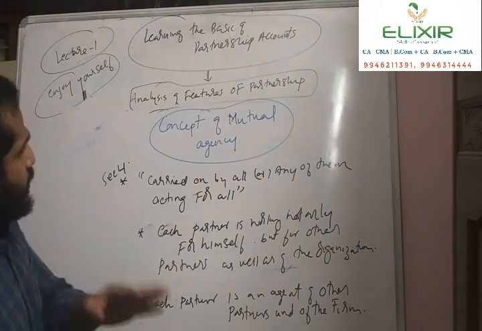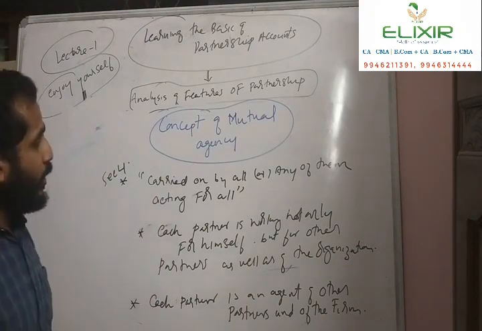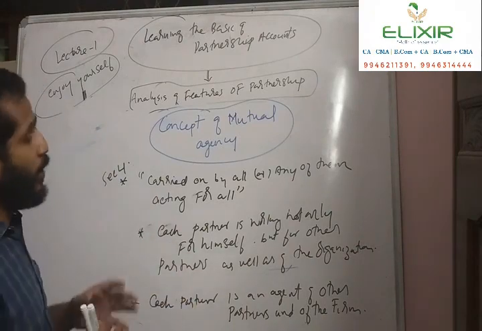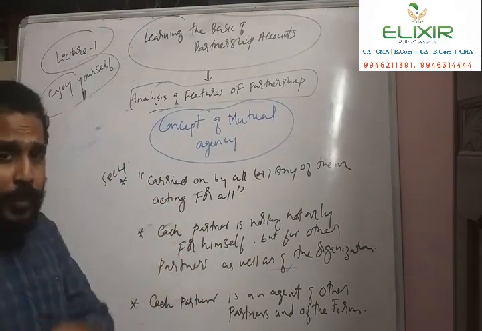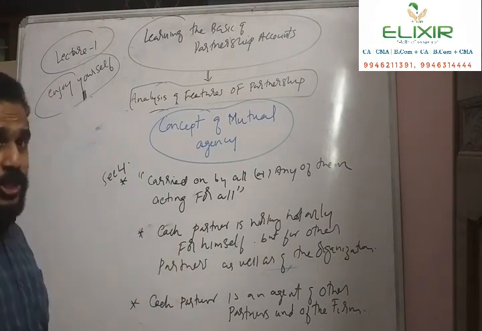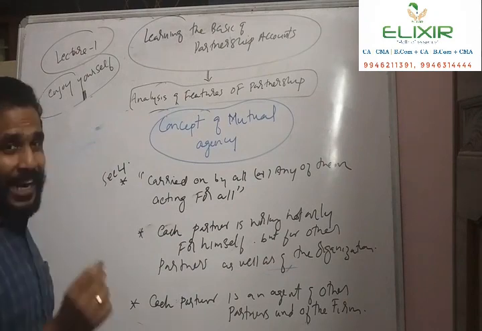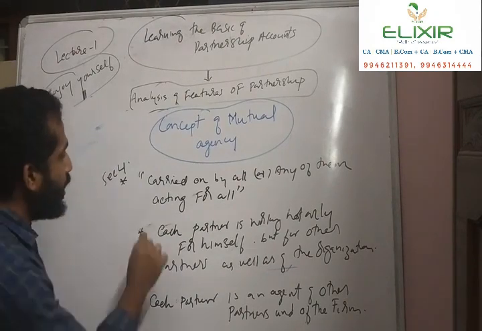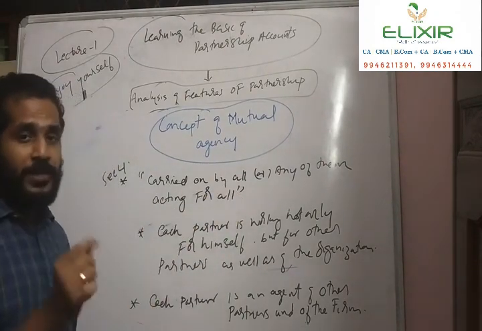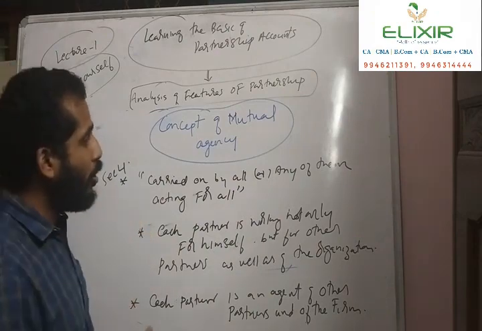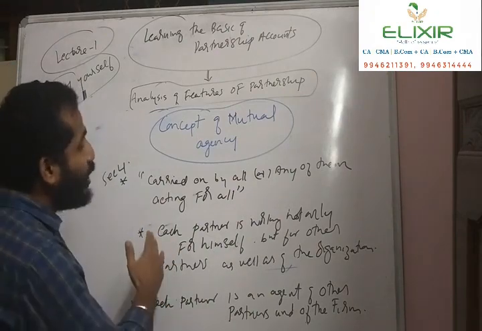Now, focusing on the concept of mutual agency, there is a concept of mutual agency in partnership. It is already explained in the definition part, Section 4. Towards the end of the definition, it is stated as carried on by all. The business is carried on by all, or any of them acting for all.